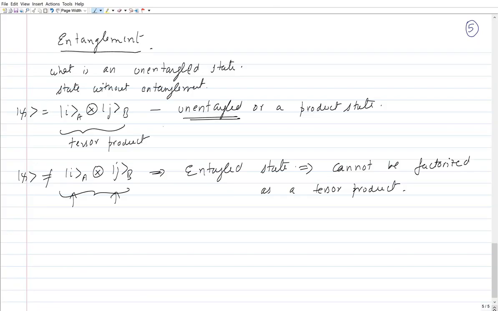So this basically can be extended. This was for a bipartite system, a composite system of two parties, but this essentially can be for a many-party system also.